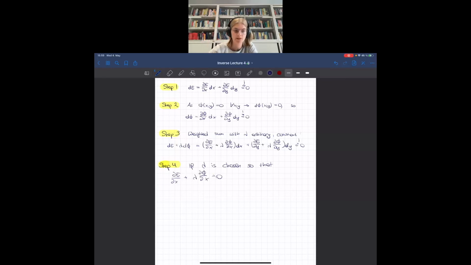So once again, back to the problem, we choose lambda so that the equation regarding x is 0. And then what follows is that the thing regarding y, sorry, needs to be 0 as well. So we call lambda here the Lagrangian multiplier. I'm pretty sure you've heard of it before.